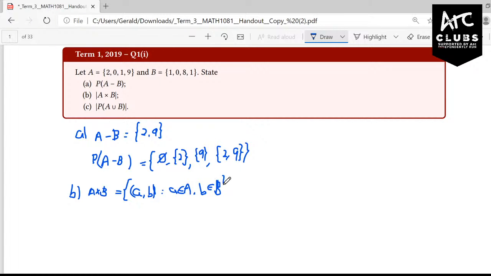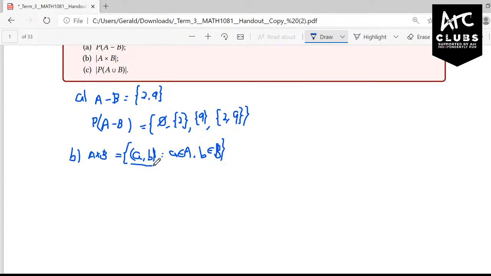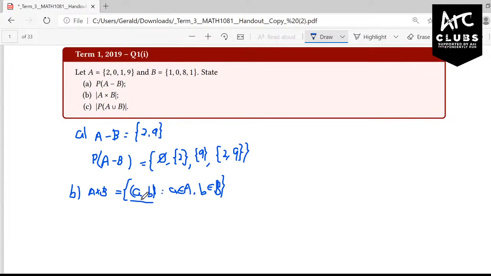Right? So that's something that you kind of need to remember. So it's an ordered pair, so that means the order does matter. And so how many elements do we have in the Cartesian product? Well, if you pick an element a, you'll need to get every single element b. So what that really means is that for every element a, you pick one element from B. And remember that for a set, duplicates don't matter, right?